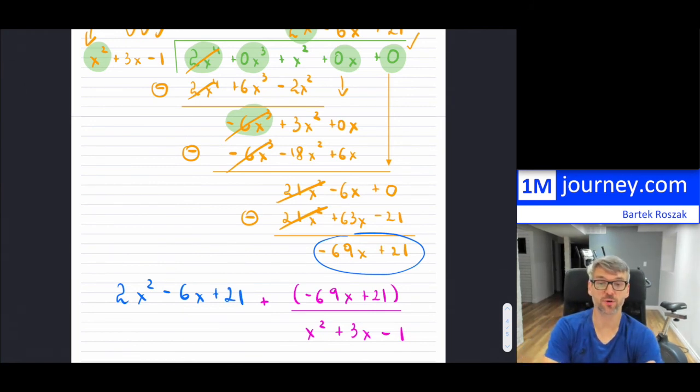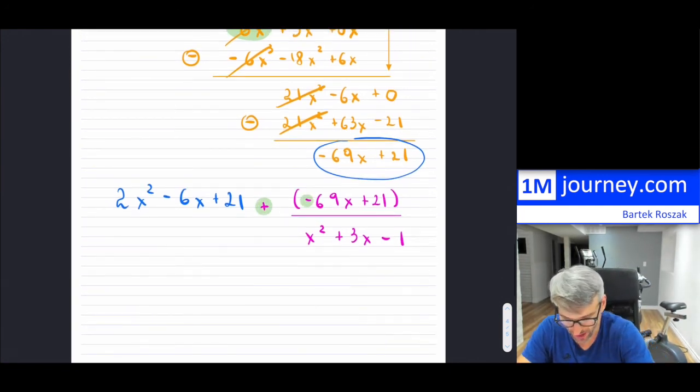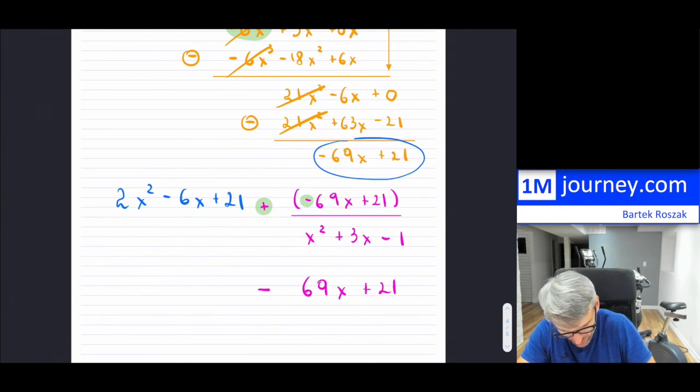So be careful, because here you might wonder, why did he put plus, but here it's minus? Okay, so if you write it out, you have to be careful. So don't write it like this: 69x, and then plus 21 all over x squared plus 3x minus 1.